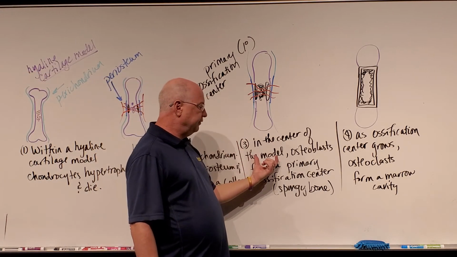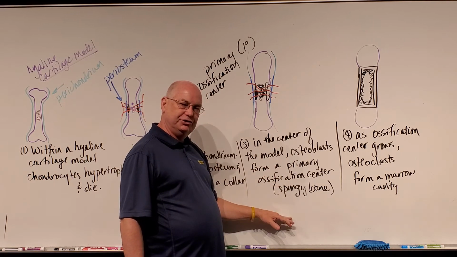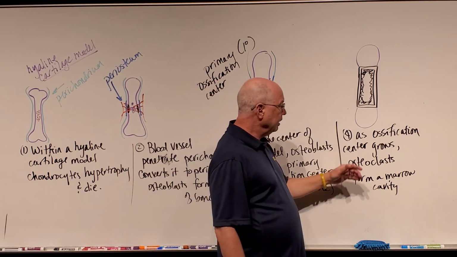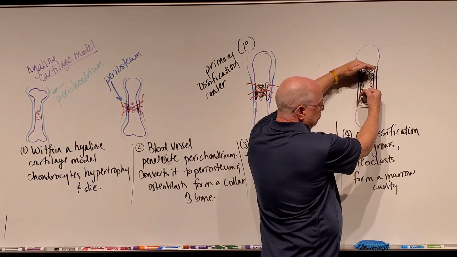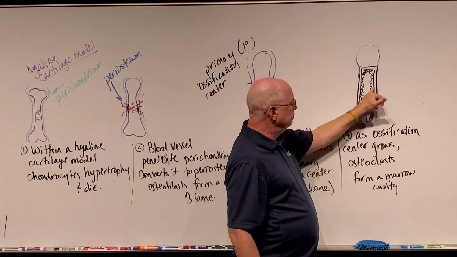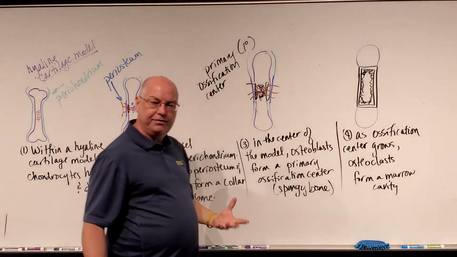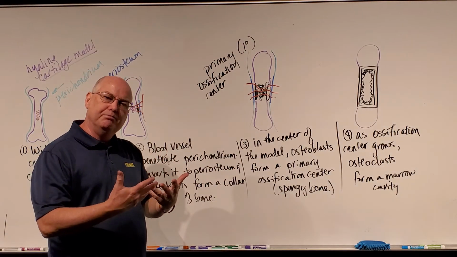In the center of our hyaline cartilage model, some osteoblasts will form a primary ossification center of spongy bone. And then that primary ossification center will continue out. As cartilage dies, we replace the cartilage with some bone, and then osteoclasts start to form a marrow cavity, and it fills with blood and bone marrow.